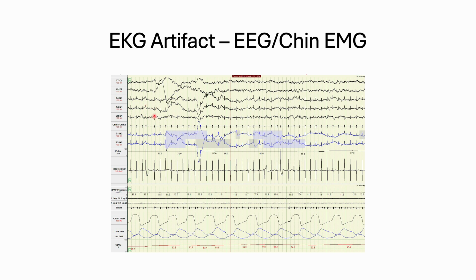Also, check this out. That kind of looks like sweat artifact, right? Because it's kind of looking like a big wave, but it's not quite looking like this, where a sweat artifact would be going all over the place. This could be sweat artifact.